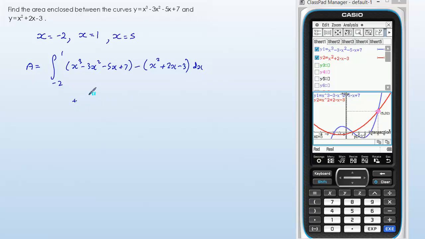And then between 1 and 5, the top function is the quadratic. So we have to take away the cubic because that's the function below, like so.